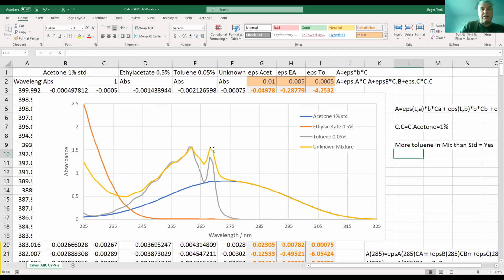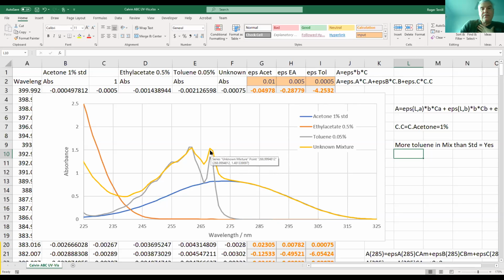This is darker as it goes. How much of that darkness is from the acetone? And how much of that darkness is from the toluene? So let's ask the first question first. How much of that darkness is due to acetone only, at that exact same wavelength?